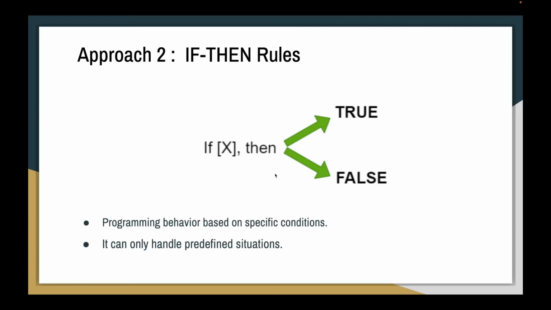In this method, it is very easy to implement, but it can handle only predefined situations. If the game state changes unexpectedly, then the AI may fail to respond appropriately. So, it may not be the best for games.